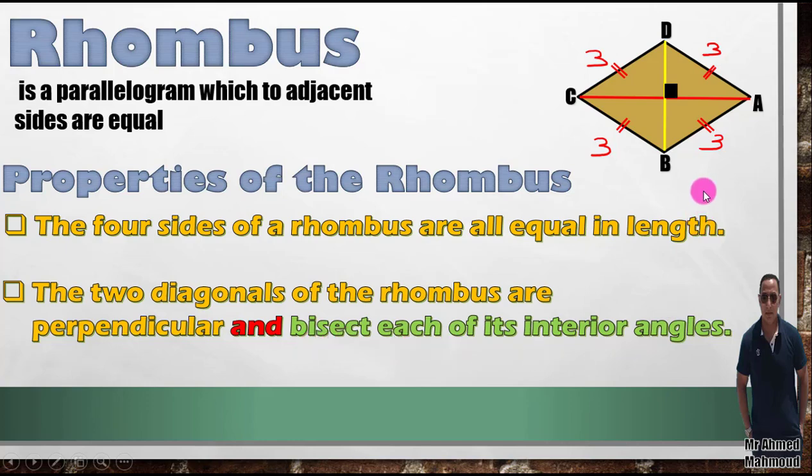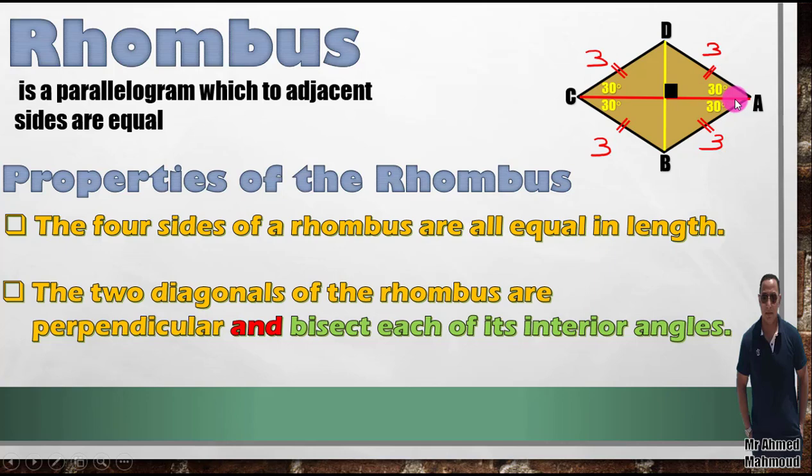What does it mean? For example, if angle A equals 60, the diagonal of the rhombus divides this angle into 30 and 30. Also, angle C equals 60, so it will divide it into 30 and 30. So we get the four angles here equal.